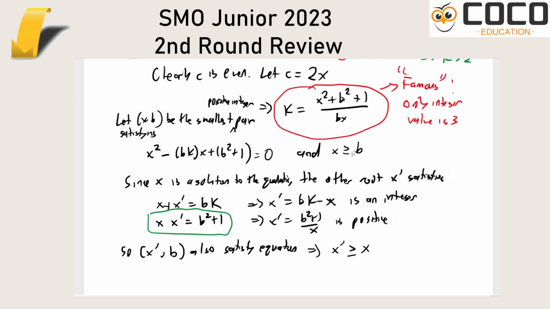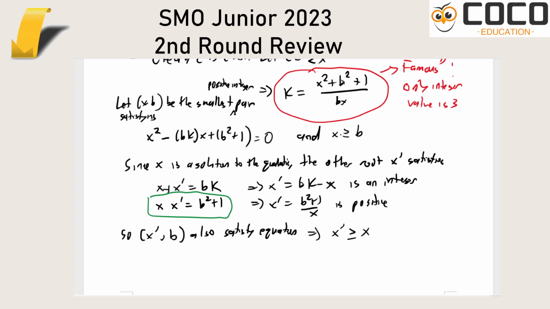I can do that, right? I can also let x be smaller than b. Now I do this because x is bigger than b, and we call it Vieta jumping because it basically means that x prime has jumped over b.